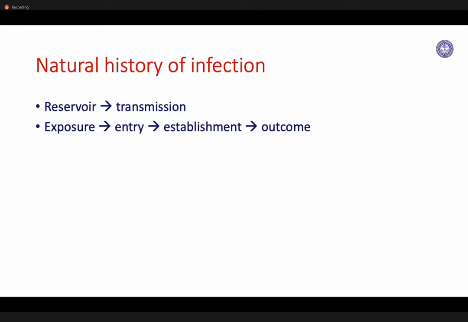Once a person is exposed, the exposure leads to entry of the pathogen and then establishment in the body, and then there are various possible outcomes. That is, they may get the disease or they may not get the disease, and so on. So I'm just trying to put more information specific to HIV infection onto this basic framework.